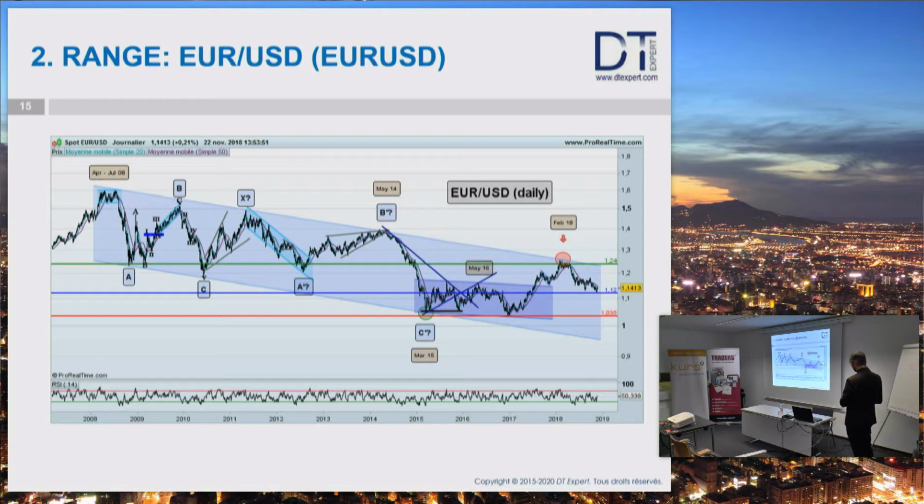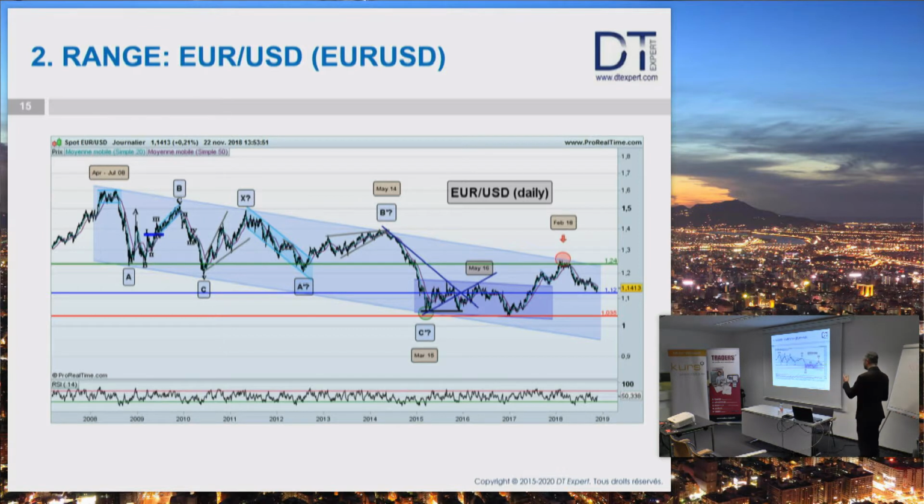But the real support level on the chart was here, on the bottom side of the range, and what happened? The Eurodollar took its support here around 1.035 almost, and then it went up.